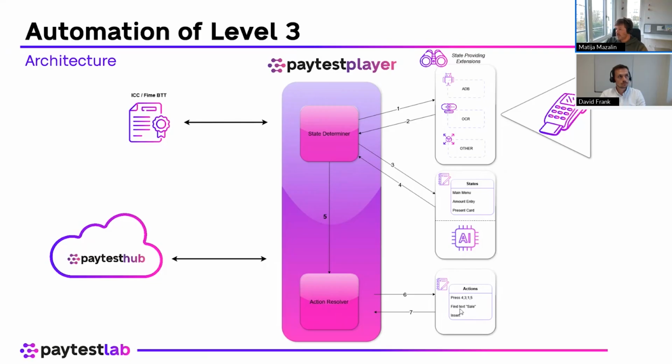If it's the state to remove the card, we remove the card, or insert the card in case it prompts us for it. And this is something that is constantly flowing. So we are determining the state, doing the action, next state, action, and so on. And once we are done, we send back the results, and the level 3 tool gives us back the final result and the final wording saying the test case has passed or failed.